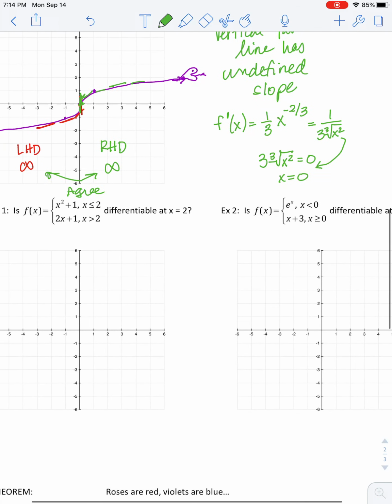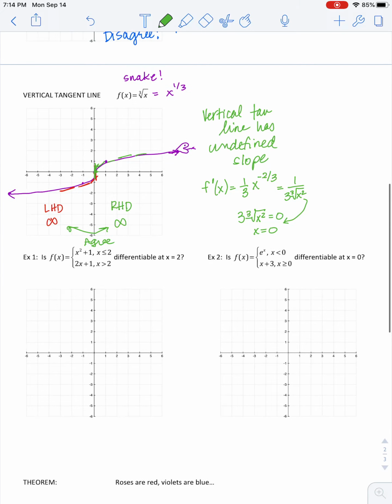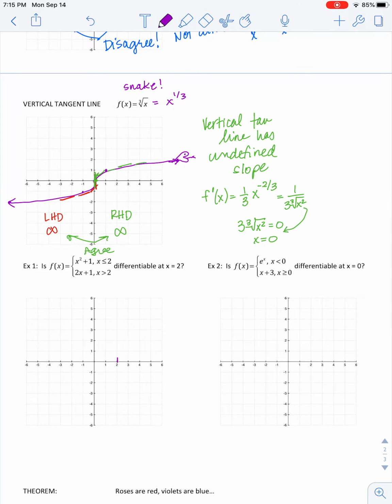Okay, so let's look at just some other cases here. It says if f of x is this function in example 1, we want to know, is it differentiable at 2? And a lot of times they'll ask you, is it continuous and differentiable? So we can start off with a graph of this because it's pretty reasonable to graph these two functions. X squared plus 1 less than or equal to 2.